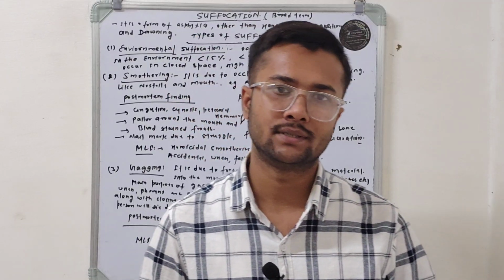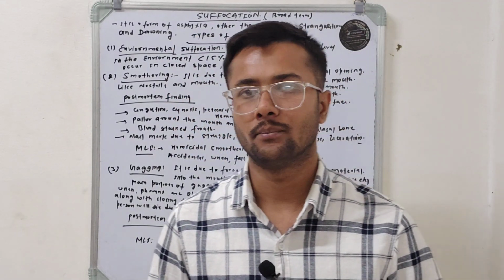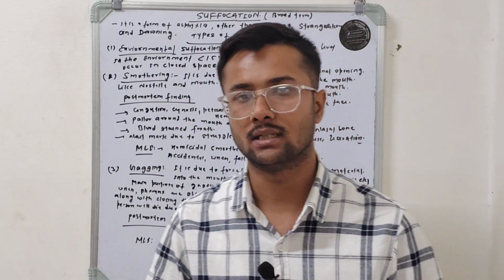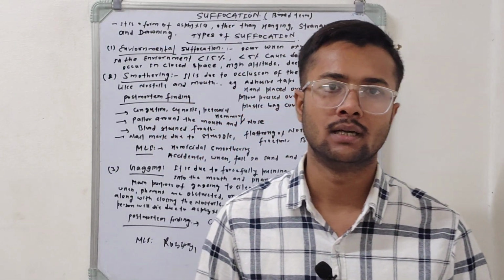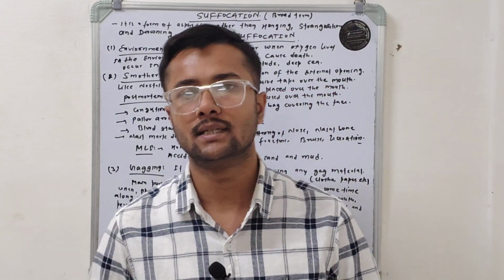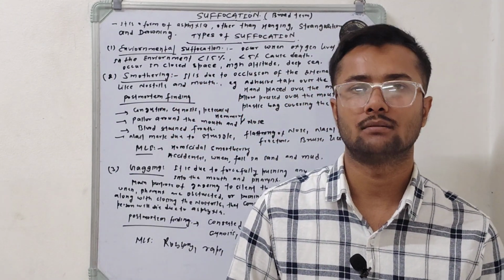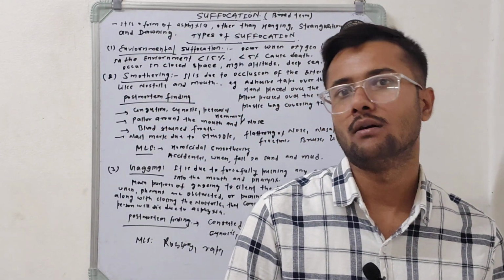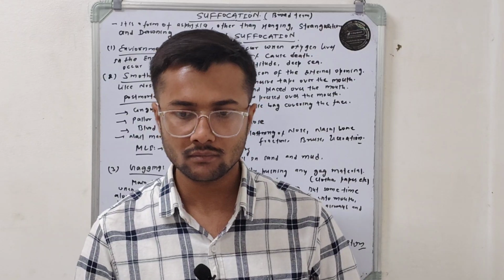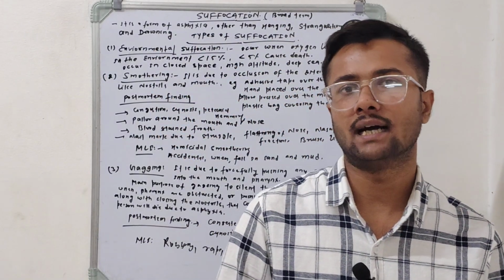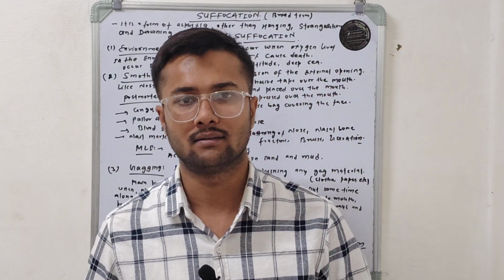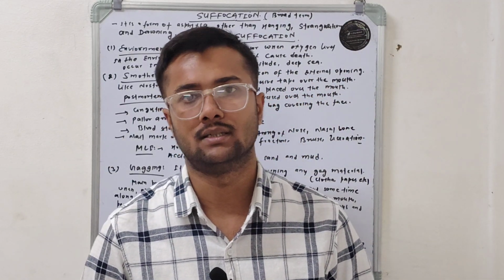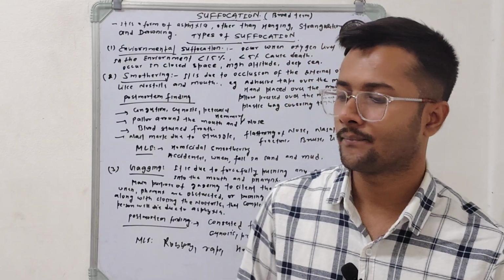But sometimes the gag material obstructs the oropharynx if pushed deep inside the mouth. It may also happen when gag material is pushed into the mouth along with covering the nostrils, which obstructs the airways. When the airways are completely obstructed, that leads to asphyxia, and finally the death of the person will occur. So this is all about gagging.